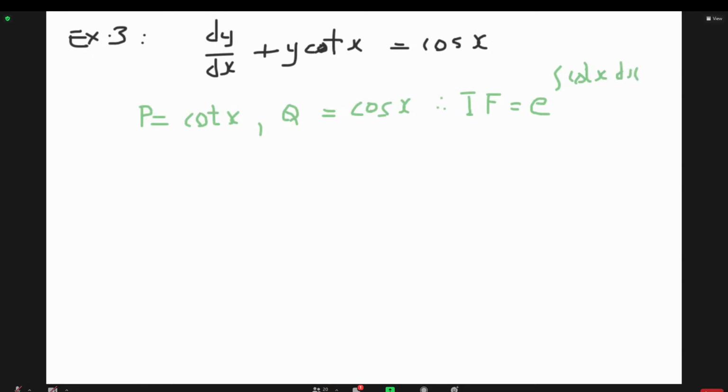However, the integral of cot x dx is really the integral of cos x over sin x dx.